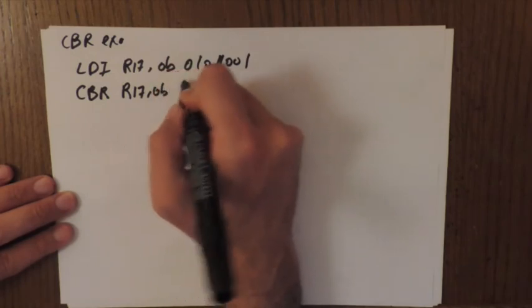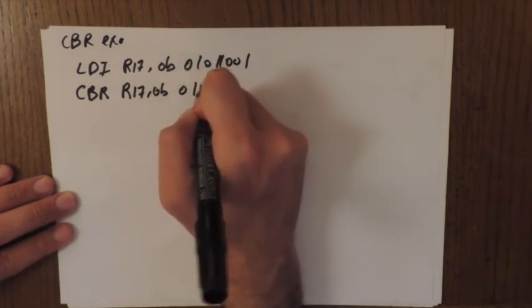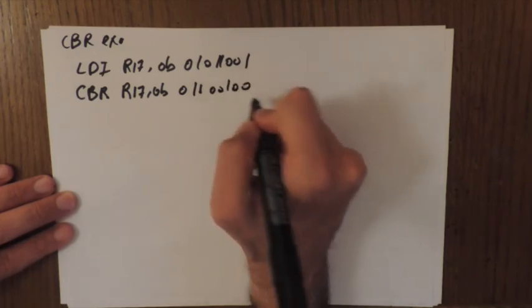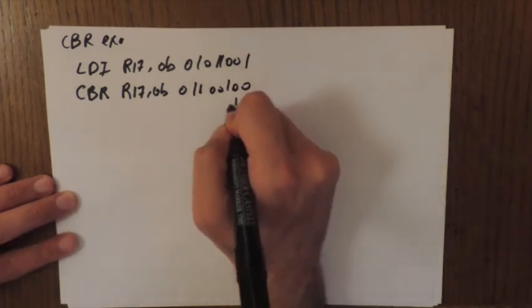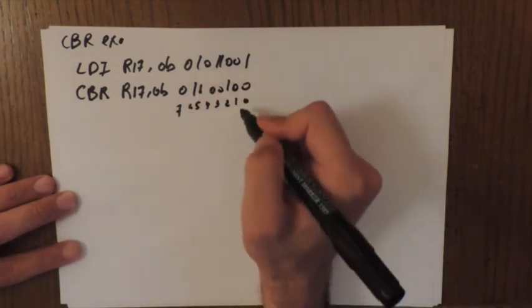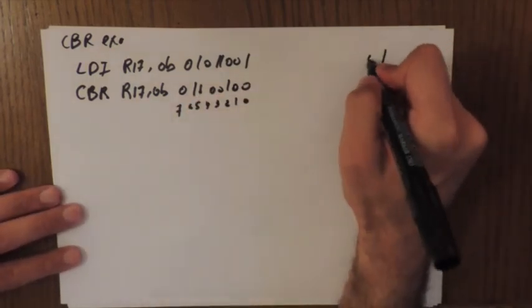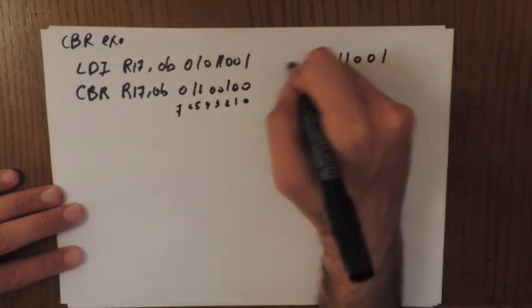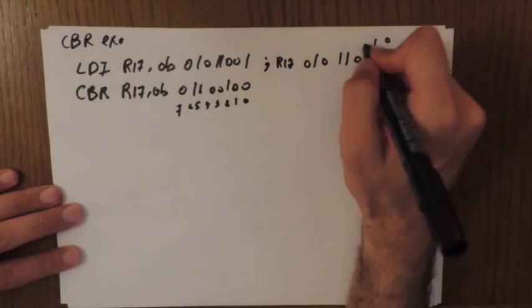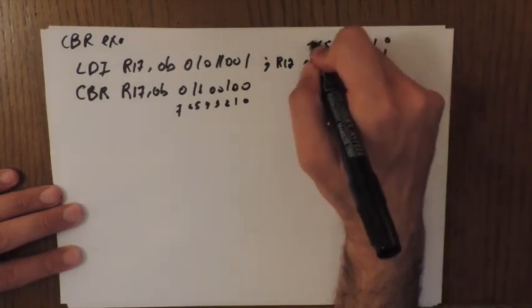Now I'm going to give it also the same constant. As we said, this is 0 1 2 3 4 5 6 7. Now instead of setting, I'm going to clear them. So this is R17.